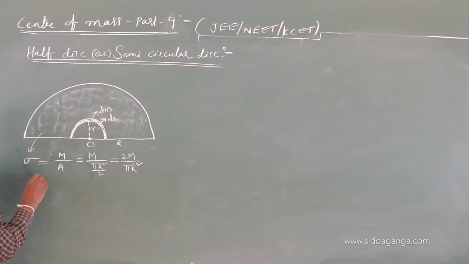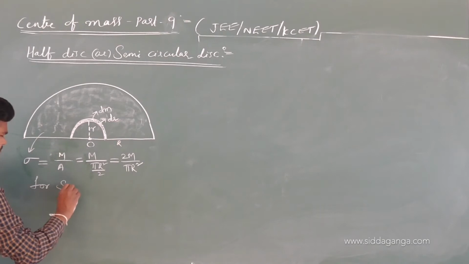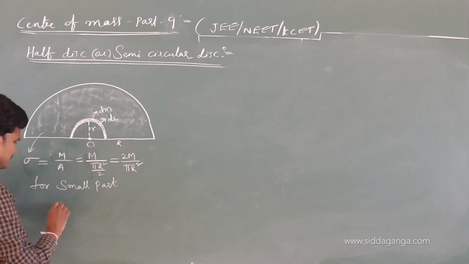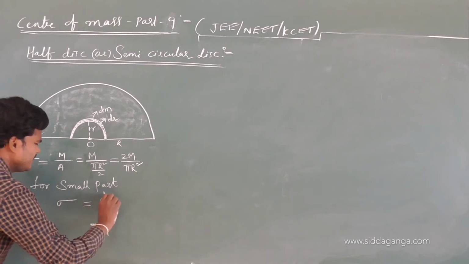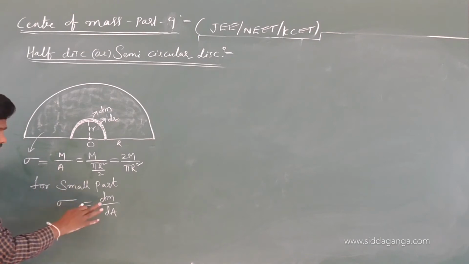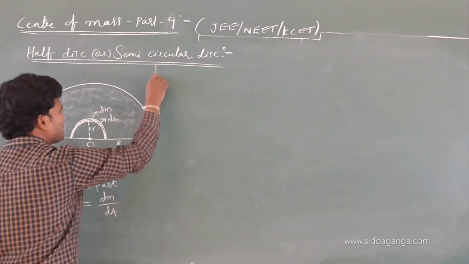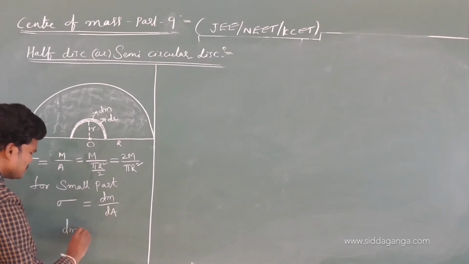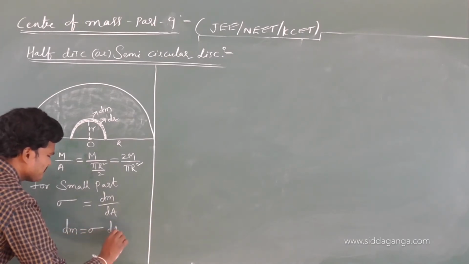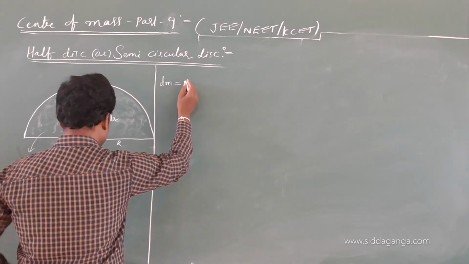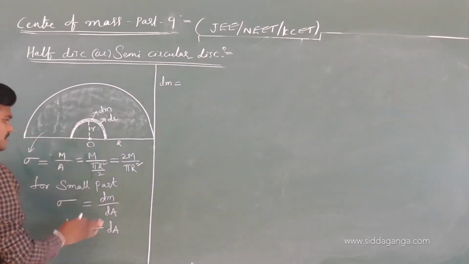For the small part, sigma can be written as dm by dA, mass per area. So dm is equal to sigma into dA. What is sigma? Sigma we got from here.